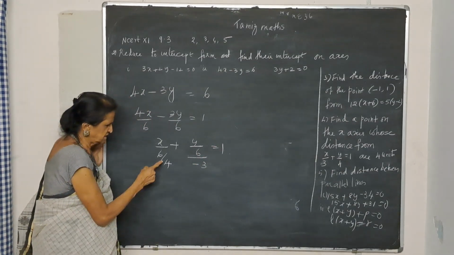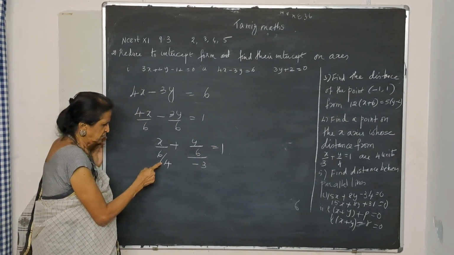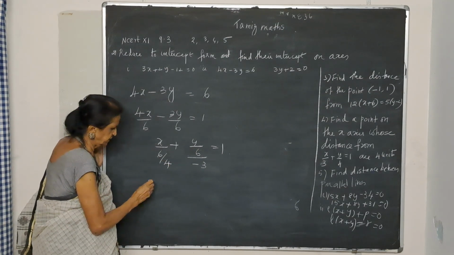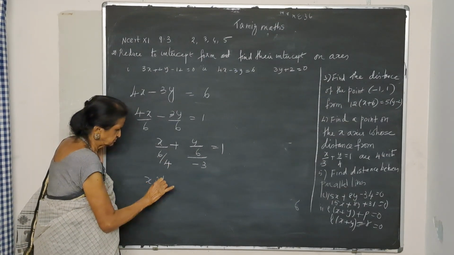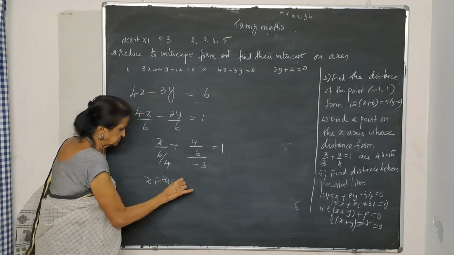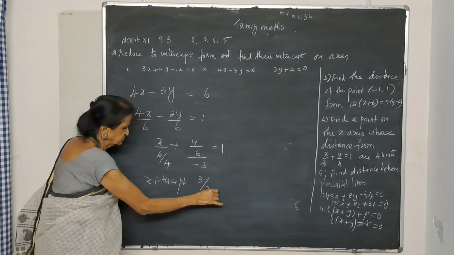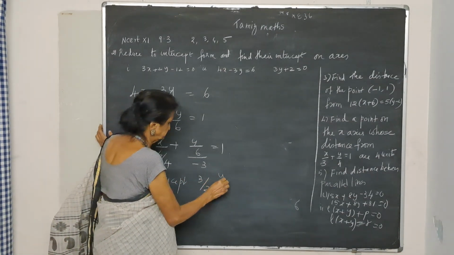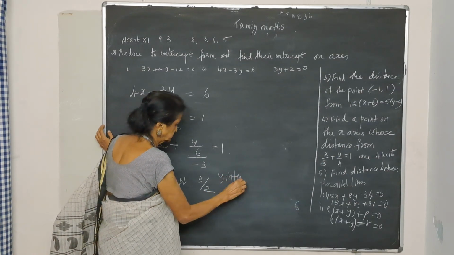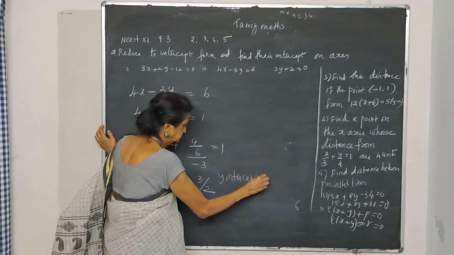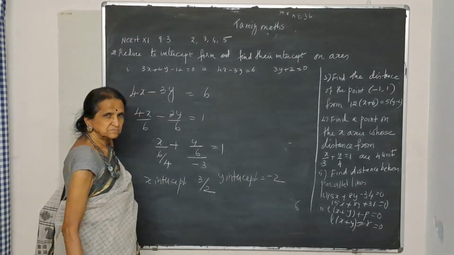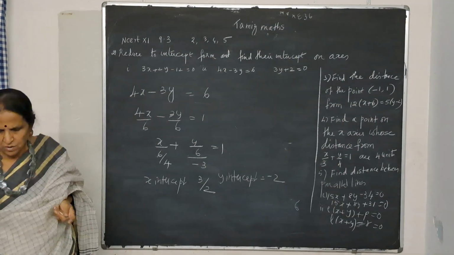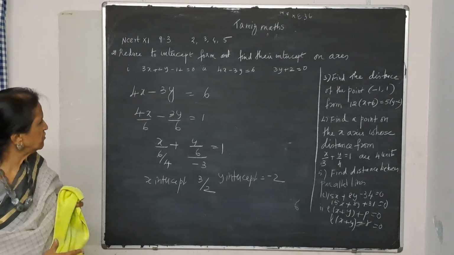So this is the x-intercept, 6 by 4, that is 3 by 2. And this is the y-intercept, that is minus 2. I hope it's clear.